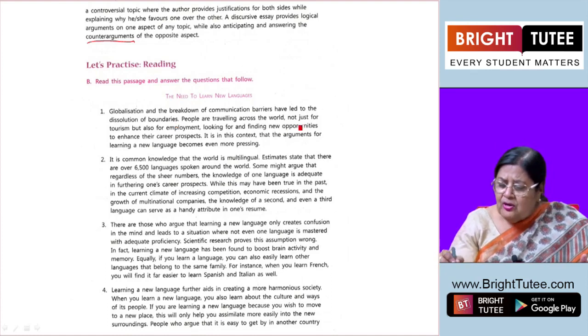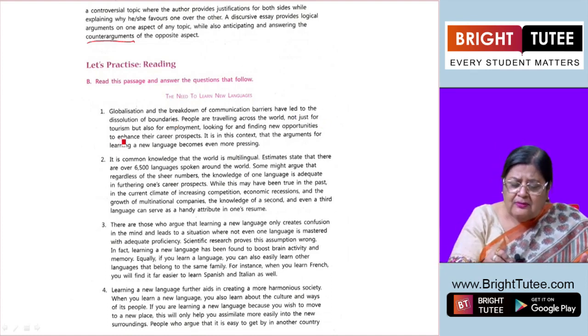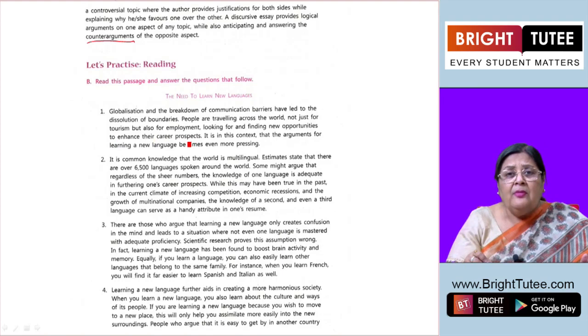People are traveling across the world not just for tourism but also for employment. Naturally, people are going to Japan, Indonesia, Korea. Korea is nowadays a very, very popular place for jobs.